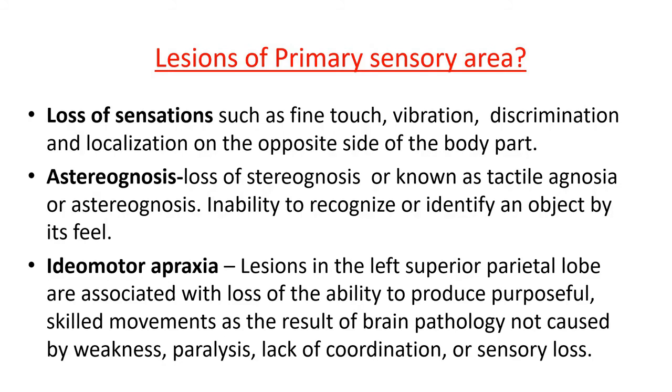I mentioned these association areas talk to each other: the somatosensory association area talks to the visual, auditory, limbic and motor association areas. Here the motor association is lost and is not sending the information, so there are abnormal movements as a result of brain pathology, not caused by weakness, paralysis, lack of coordination or sensory loss.